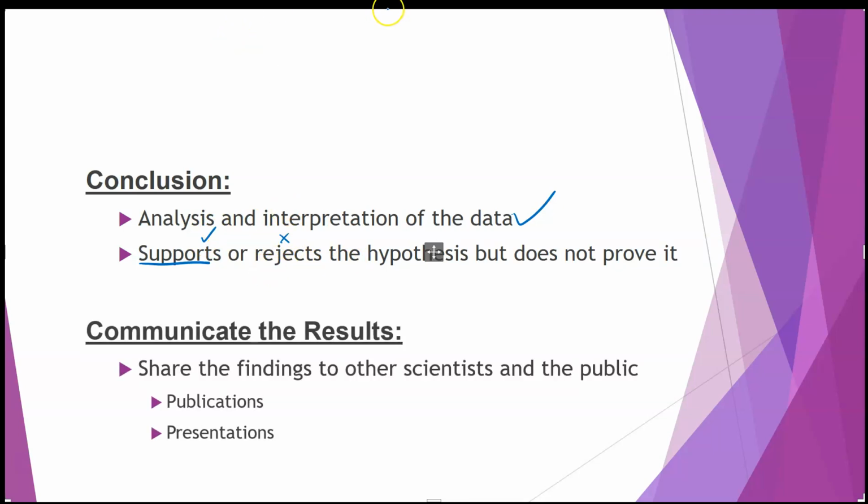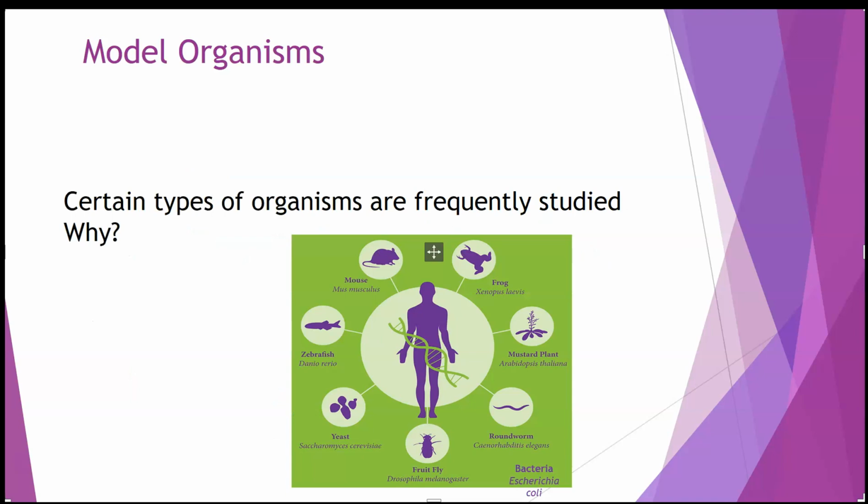In science, we can communicate this to other scientists and the public through publications and presentations. We know a lot about this, especially in the COVID era. We're really familiar with how scientists communicate. Also in science, sometimes we use model organisms. That means instead of doing all of our studies on humans, we might do our studies on other organisms. So think about why we might study a mouse or a fish instead of a human.